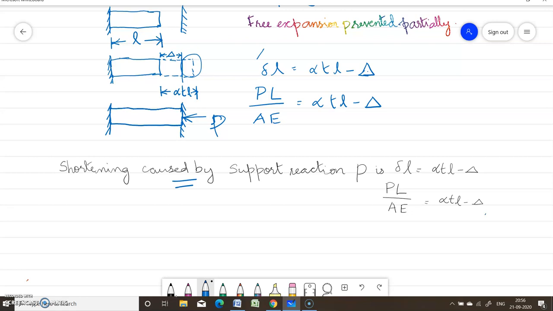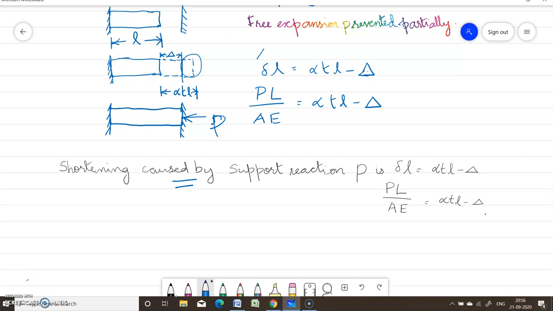If you have not provided an intermediate support here, this will expand by alpha into T into L, but we are providing a force here by providing a support in between, and as a result this much expansion is prevented by the force provided by the support reaction.